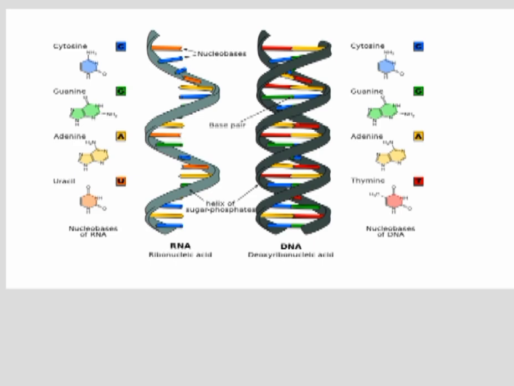Both of them consist of nucleotides. As you already know, a nucleotide is a nucleoside plus a phosphate. The nitrogenous bases adenine, guanine, cytosine, and thymine make DNA. Adenine, guanine, cytosine, and uracil make RNA. DNA has a double helical model, while RNA is single stranded.